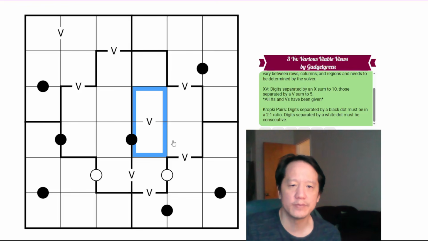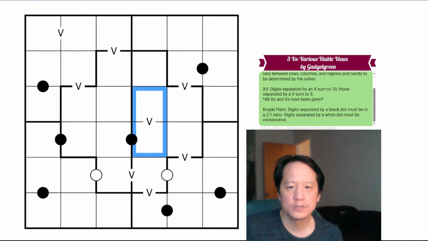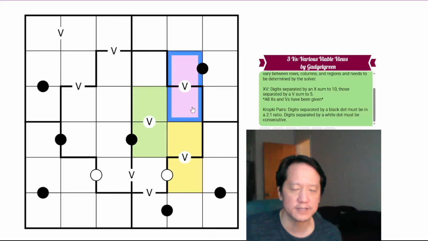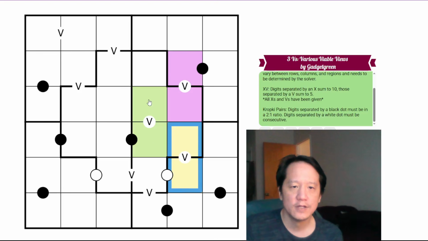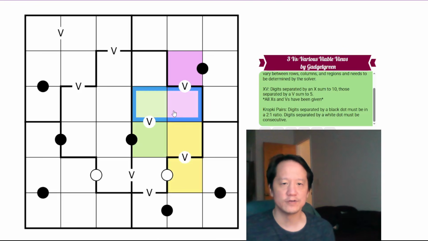These two adding up have to be different than these two adding up to 5. And these must be different from each other. So we're going to mark this as green, we're going to mark this as yellow, and this as pink. And these have to be different sets adding up to 5. These two cells mean none of these can be those two cells, so they have to be different from that. And these two cells have to be different from each other because they're in the same column, right? So these are all going to be different.